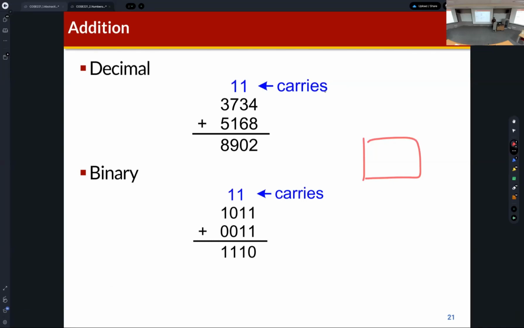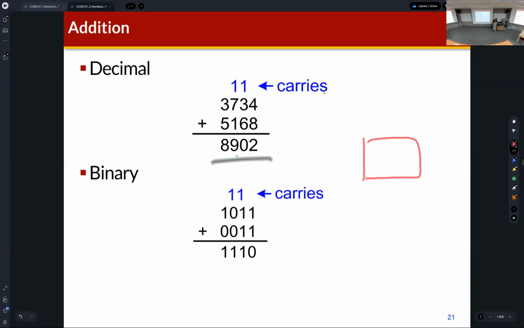The computer has very basic arithmetic instructions such as add, subtraction, multiply, and division. The computer hardware receives the input operands, then generates the result.